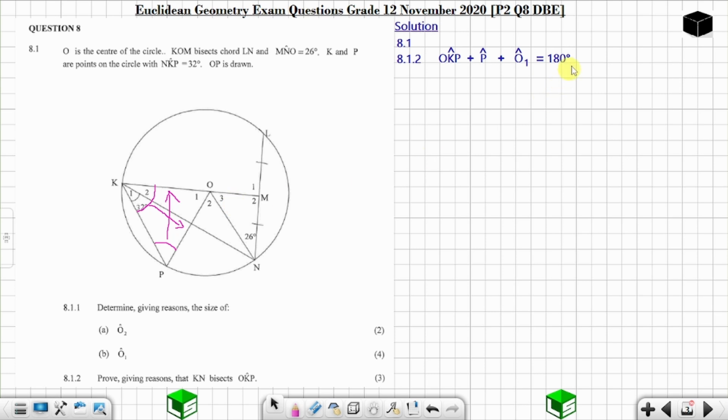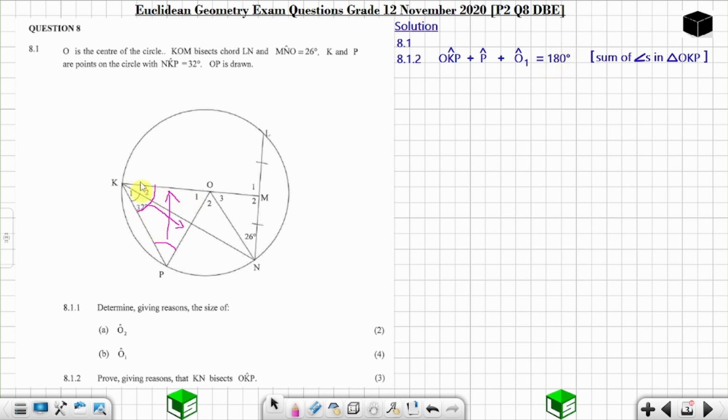So the reason for this, you are going to say, sum of angles in a triangle OKP.